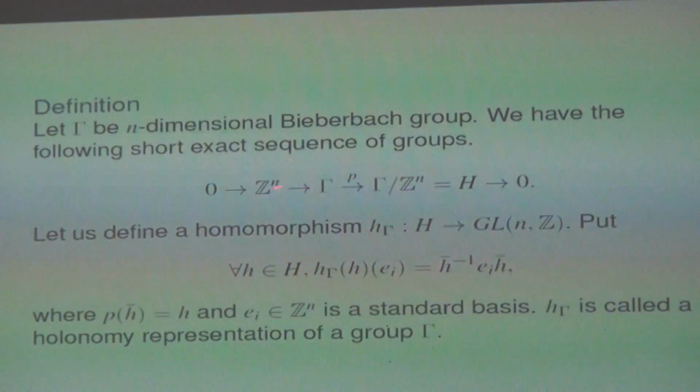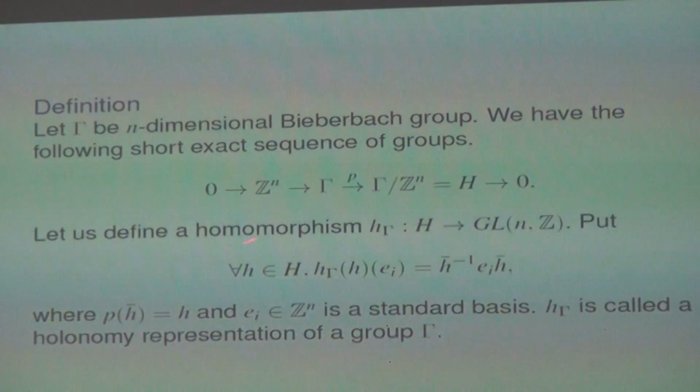Now, if we have such a short exact sequence, we can define a map from this finite group to the general linear group over Z in the following way, just by conjugation. We take e_i, the basis of this space, and for any element from H, from this finite group, we take the pre-image of this element and conjugate this on the elements of the basis.